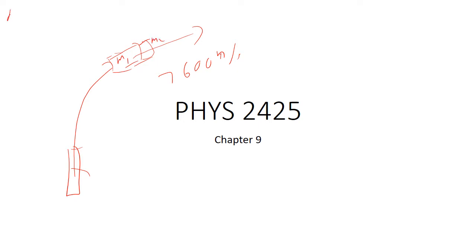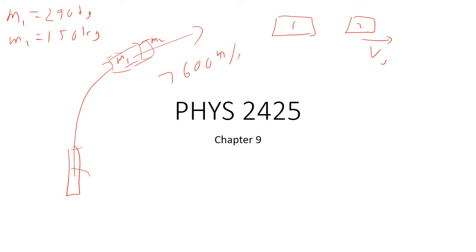Let's say the upper stage when it's empty is 290 kilograms, and mass 2 is 150 kilograms, so it's a little small satellite. Then they separate, and now the satellite is moving with some velocity v2, and the upper stage is v1.